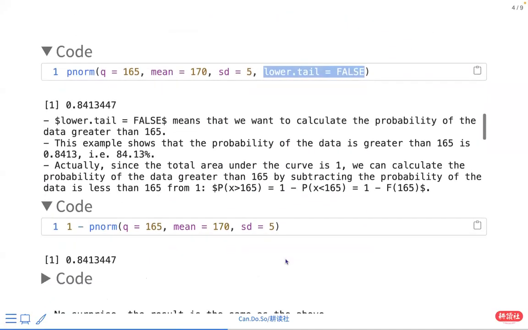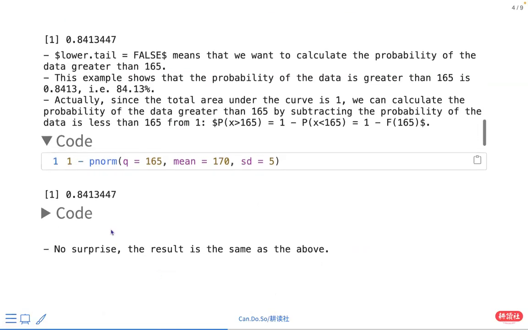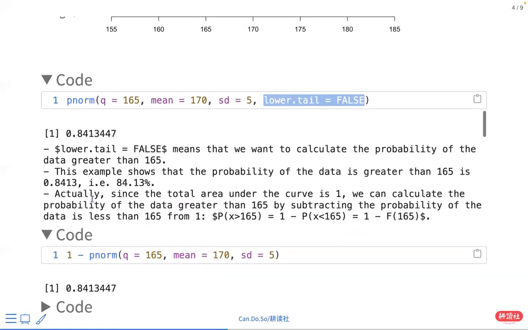Setting lower.tail to FALSE gives the right-side area, so this one gets the same outcome as 1 minus this part.